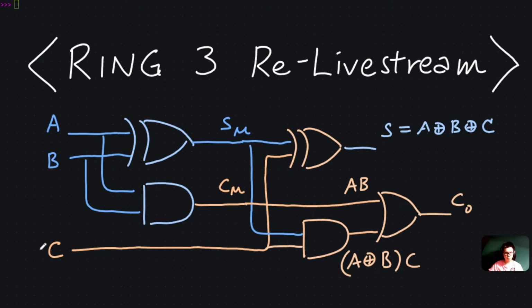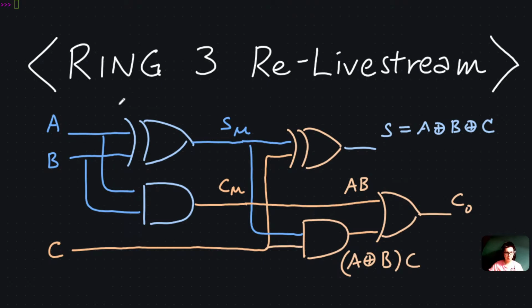The blue portions represent the first half-adder, namely those with the inputs A and B and without the previous carryover, which let's call the C in plain.